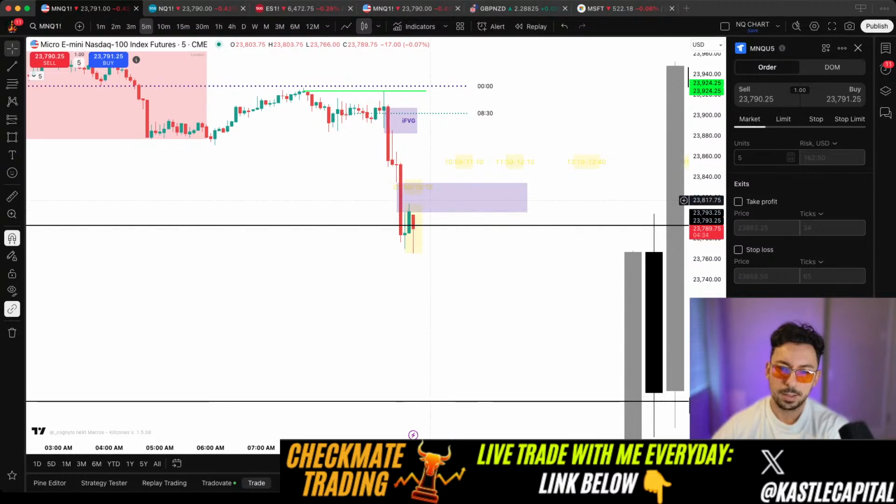All right, so I'm going to pay attention to this 5-minute. If this ends up inversing and then closing below, that's going to be another nice short in my view. And then we target that hourly.